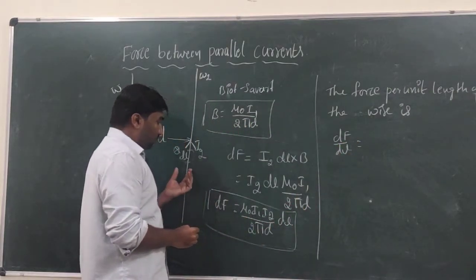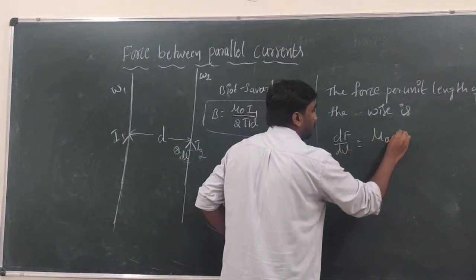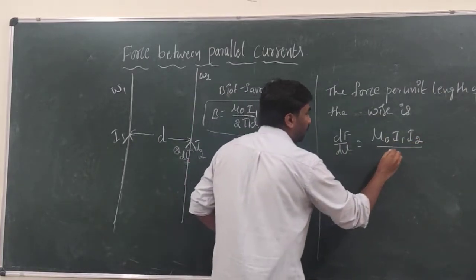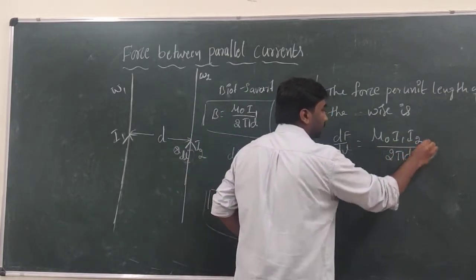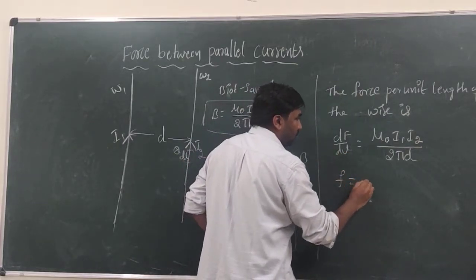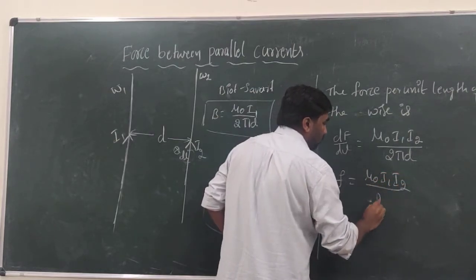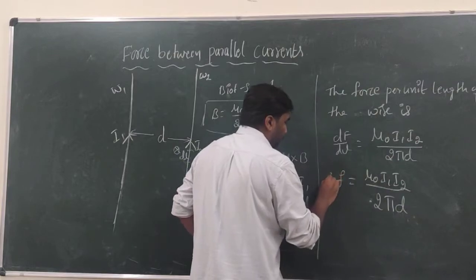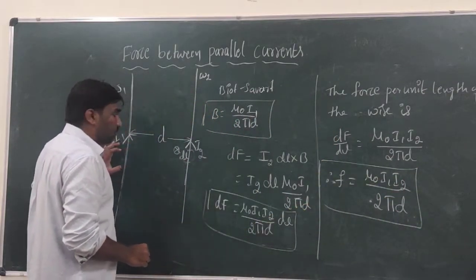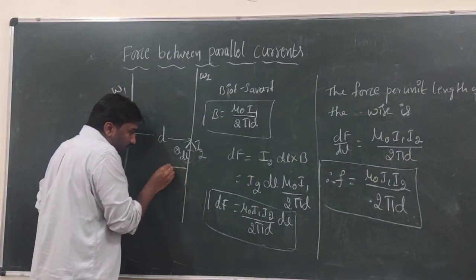So per unit length of the wire, dF by dl is equal to mu naught I1 I2 divided by 2 pi d. I replace this force per unit length with F, so F is equal to mu naught I1 I2 divided by 2 pi d. This is the magnetic force per unit length of the wire due to this current-carrying wire I1, and the direction of the force will be in this direction.